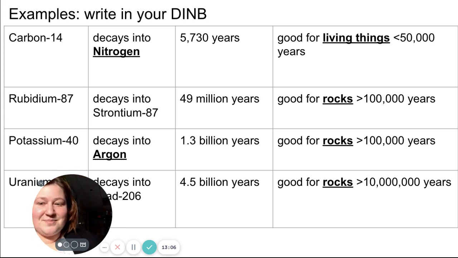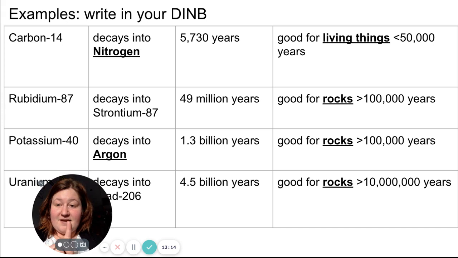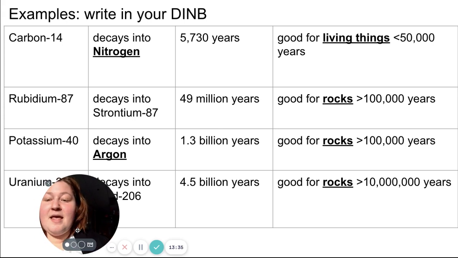I know, element names are super fun. I can pronounce the rest of them, I promise. Anyway, it takes 49 million years just to have one half-life of this. So it takes a really, really long time for that original parent material to be cut in half. This is helpful for us to determine the age of rocks that are less than 100,000 years old. So this is kind of good for relatively younger rocks.